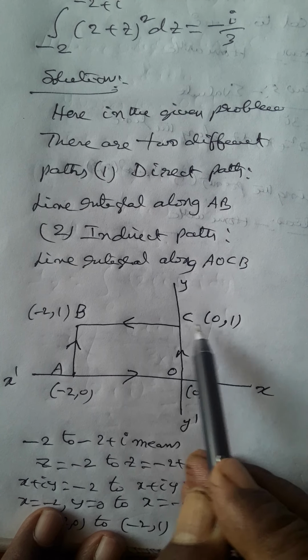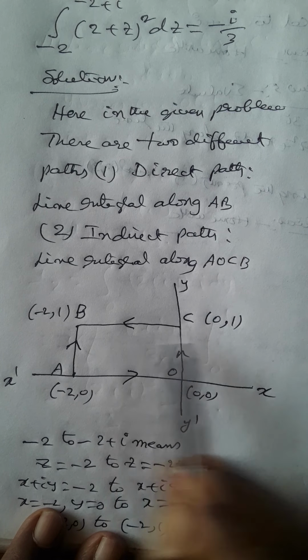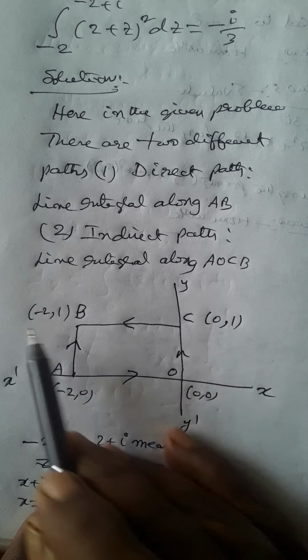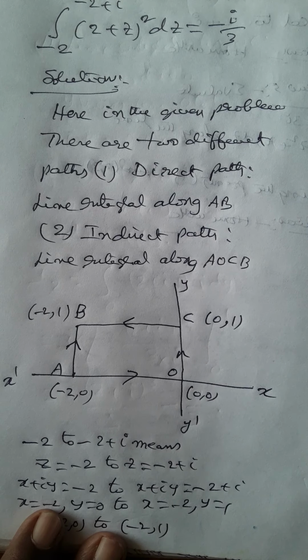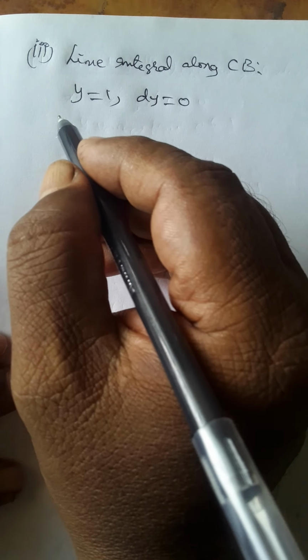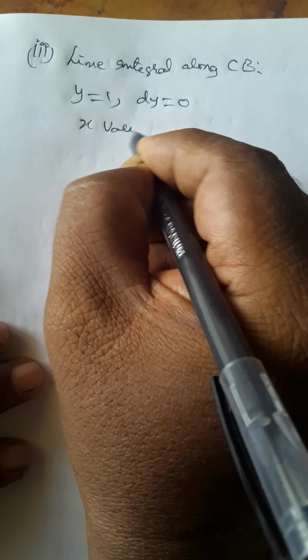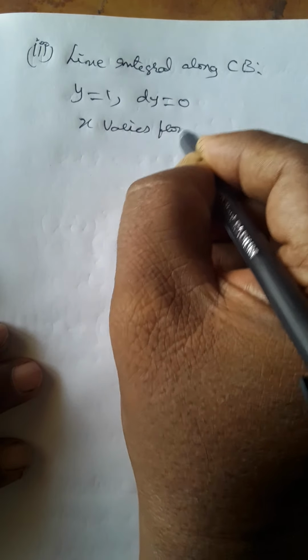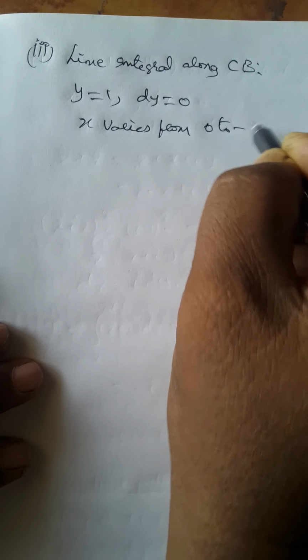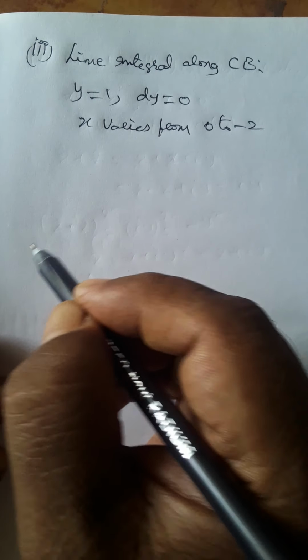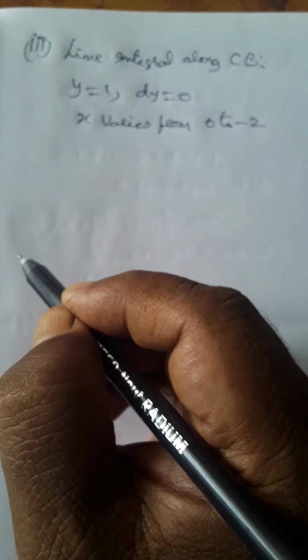According to the direction of the arrow, we have to write the limits. 0 to minus 2, y is equal to 1. X varies from 0 to minus 2.